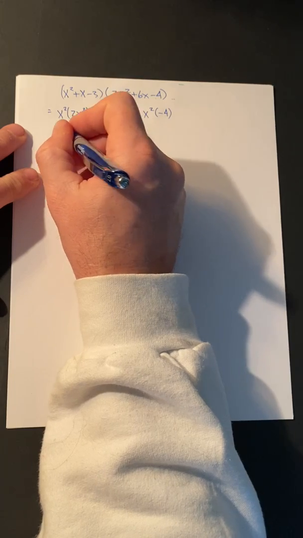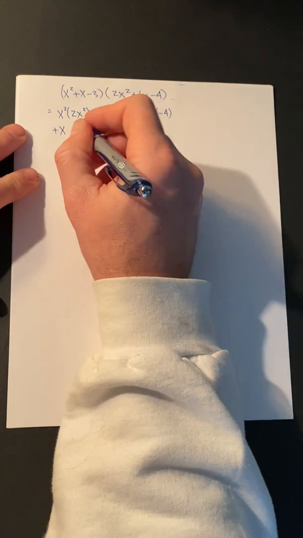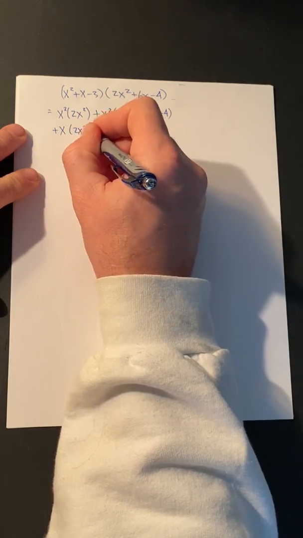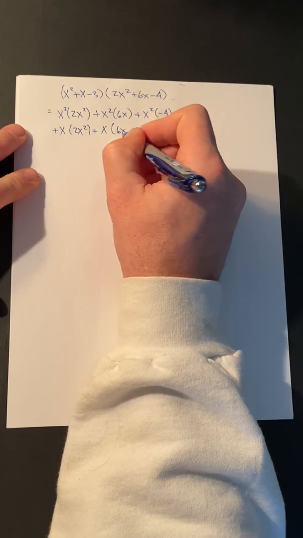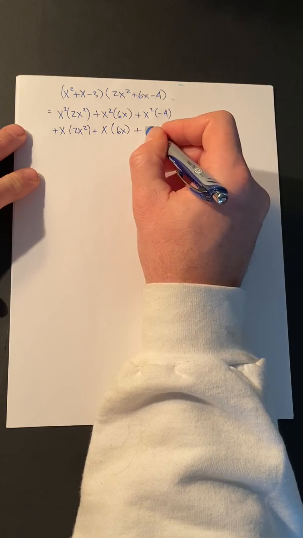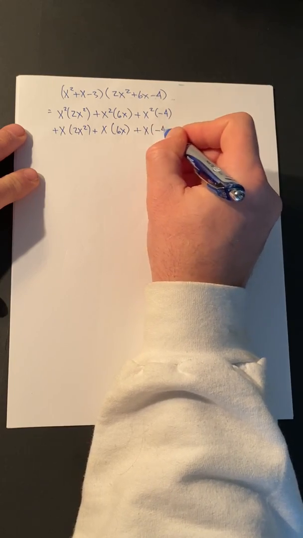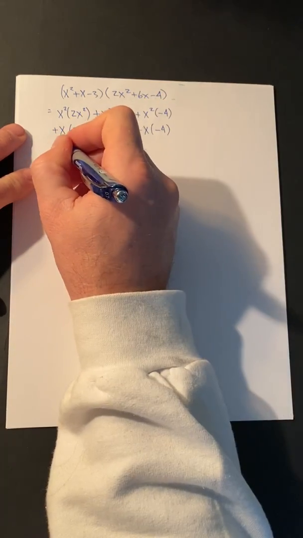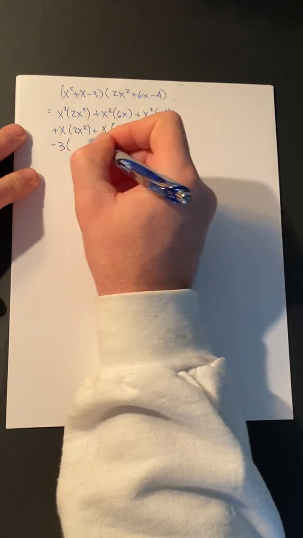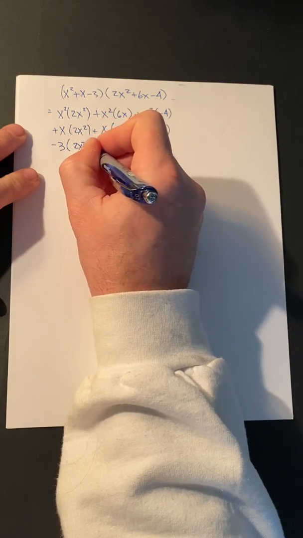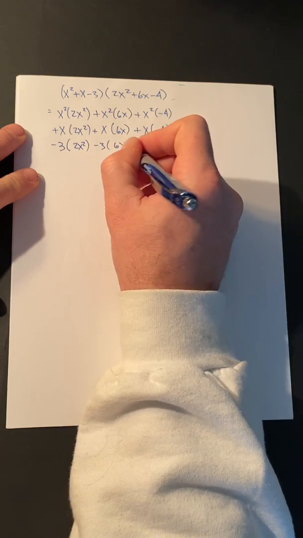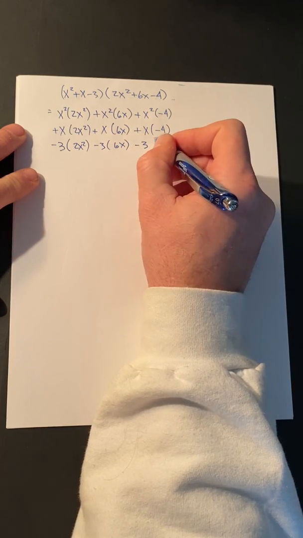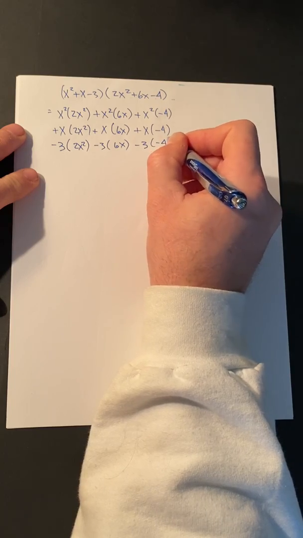So now I would have plus x times 2x squared plus x times 6x plus x times the minus 4. Okay, minus 3 times 2x squared minus 3 times 6x minus 3 times minus 4.